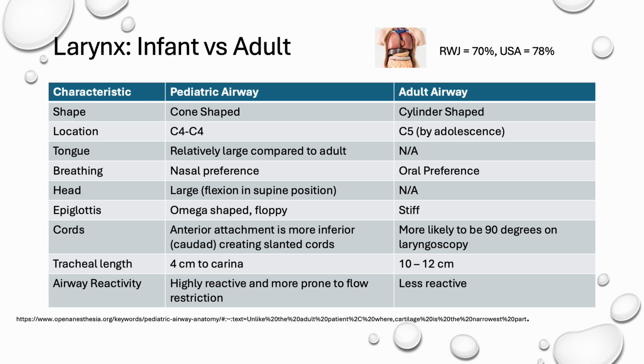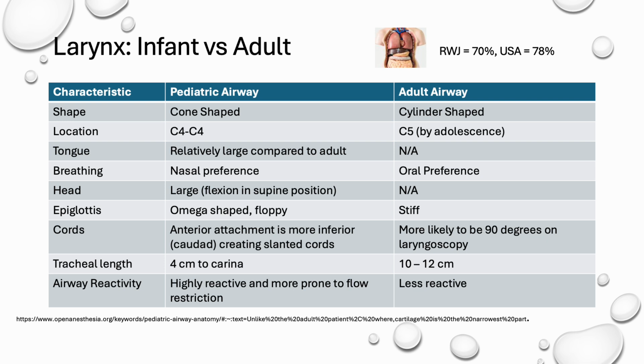The tongue is relatively larger in children when compared to adults. Breathing in children, most young infants are primarily nasal breathers, while adults are oral breathers and also can breathe well through the nose. The head is relatively large in children.